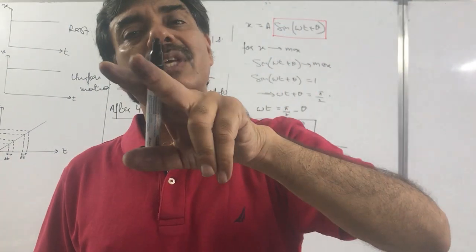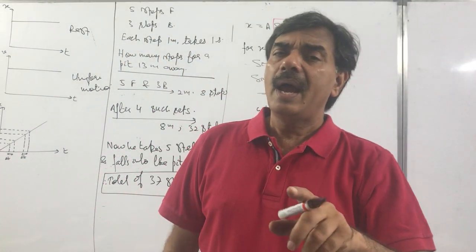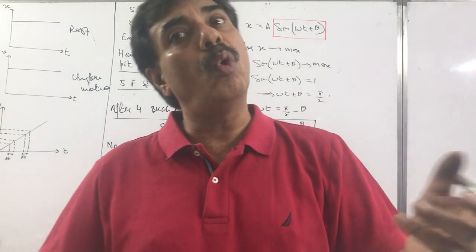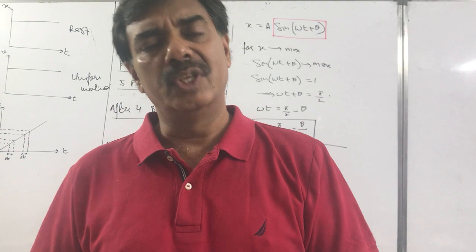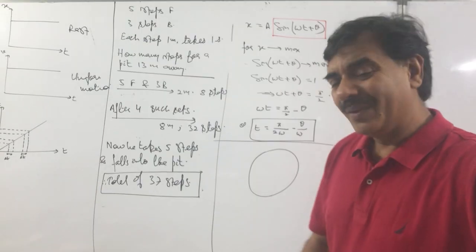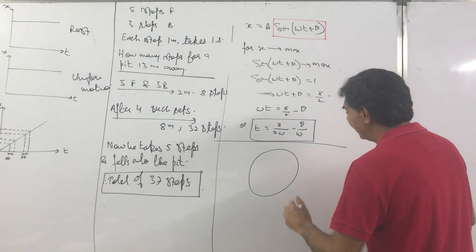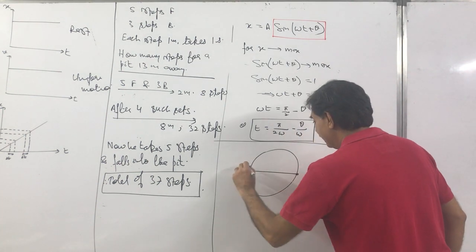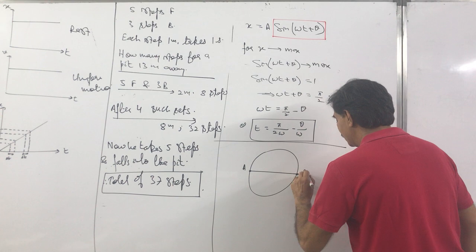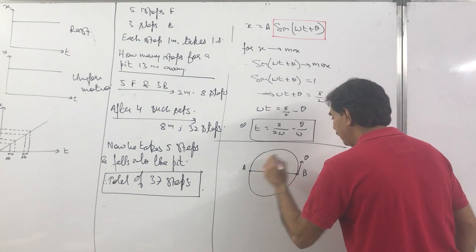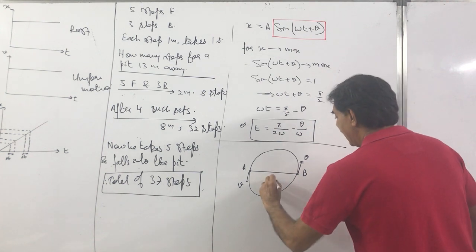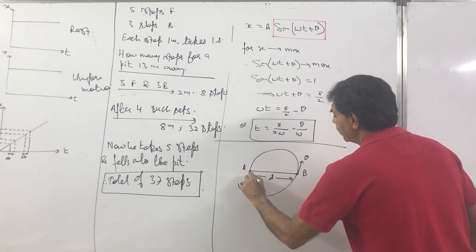It means speeds are the same and directions are opposite, and they are moving in such a way that they are at an equal distance all the time. This can only happen if the 2 particles are at the 2 ends of a diameter. This is A, this is B, its speed is V, this speed is also V. And they are at a constant distance D.